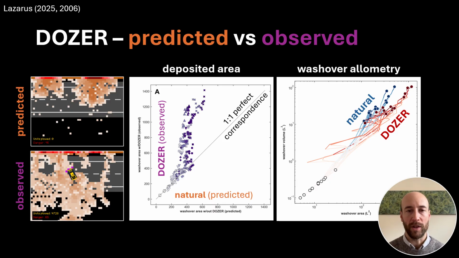You can pull out the dynamic allometry of the morphology that you get in the natural case versus the mess of sand that you get in the human altered case. It looks like a game, but it's actually a fully expressed numerical model, because you can build these tools into the thing that you make.